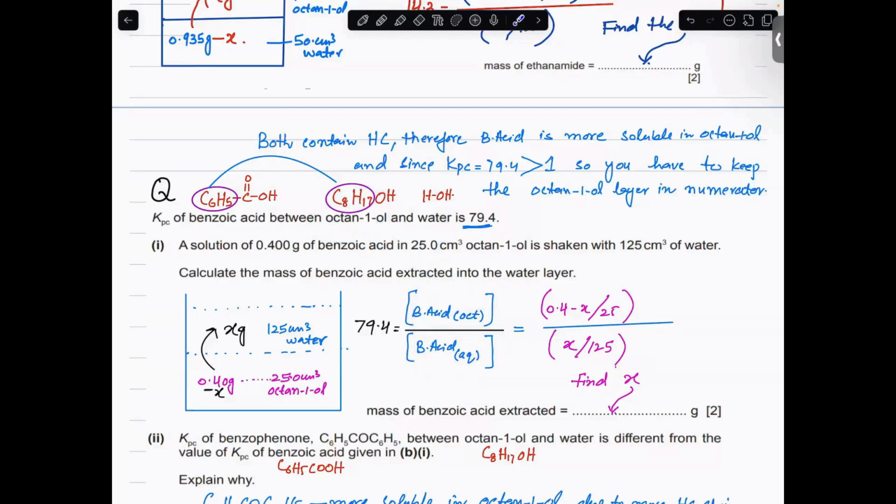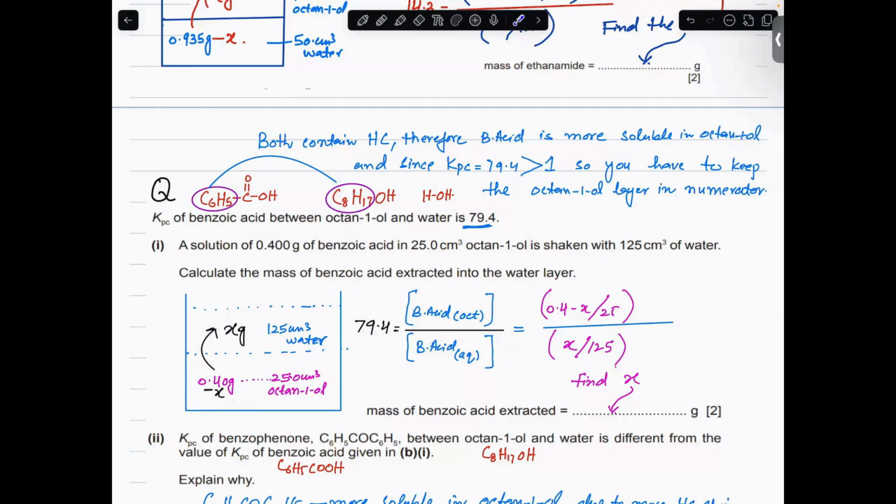So 0.4 gram of benzoic acid in 25 of octan-1-ol is shaken with 125. Out of 0.4, how much is transferred? x. How much is left? 0.4 minus x. If x is transferred, minus x is left.